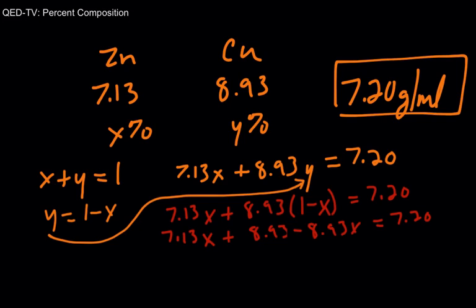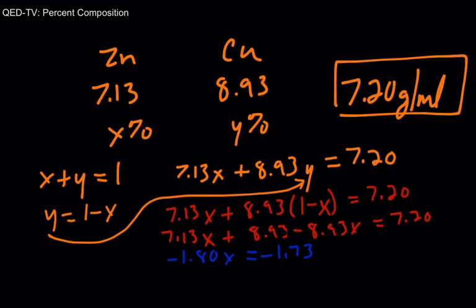Okay, so I'm going to combine like terms. So I'm going to take 7.13X minus 8.93X, and that would be minus 1.80X, because I would have to go to the hundredths place because they both went to the hundredths place. X equals, and I'll combine the other terms, take 8.93 over to this other side, and I would get minus 1.73.